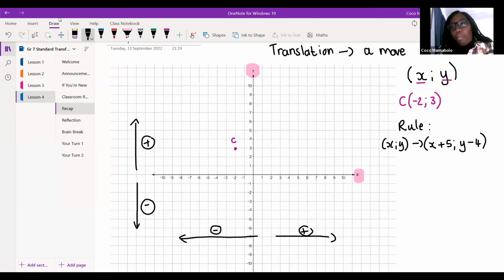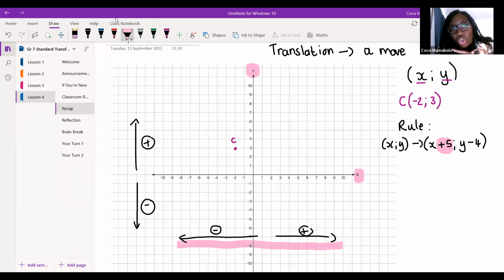All right. Now, Pearl, if I'm over here, and I take my X value and I'm going to plus 5, which way am I going to move? Remember, my X is always going to be left or right. If you're a little stuck, look down here. If it's plus, which direction am I going to move in?